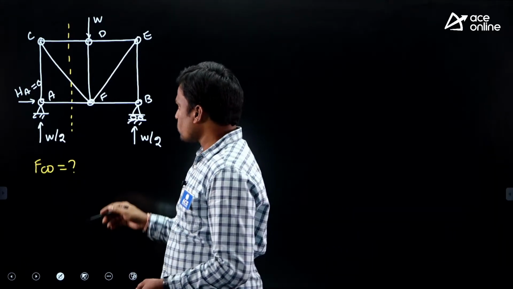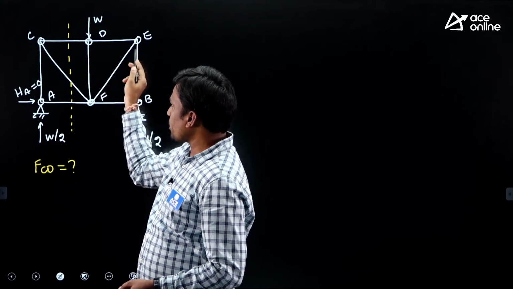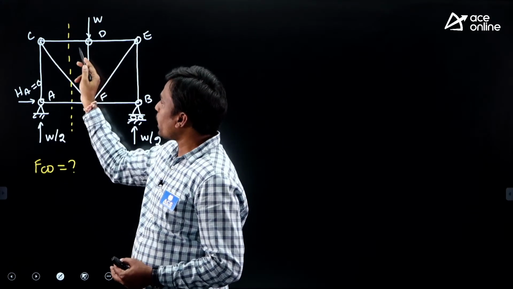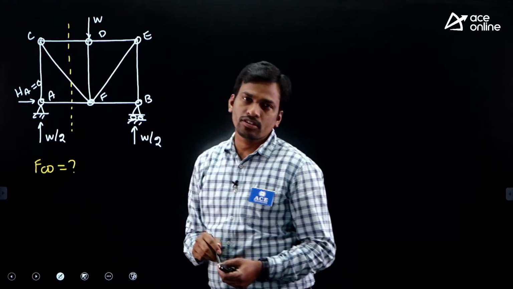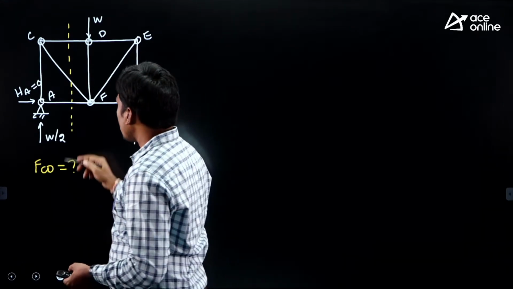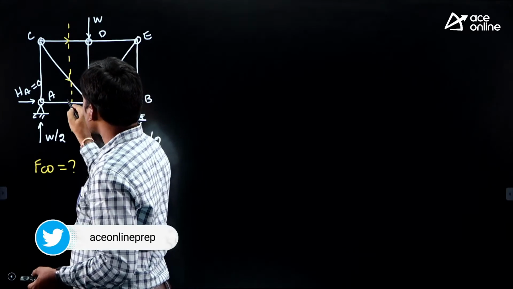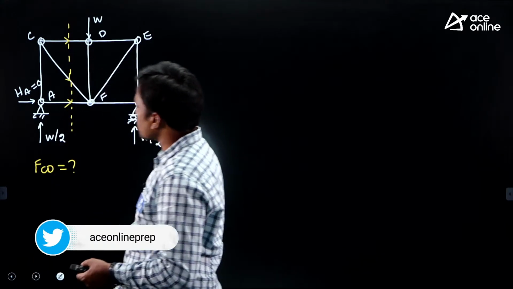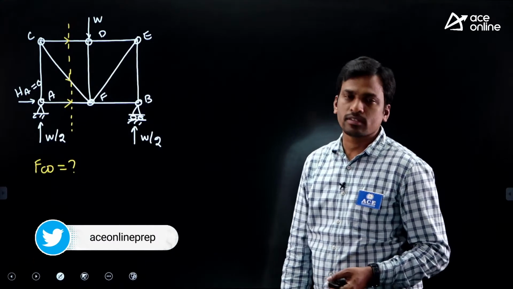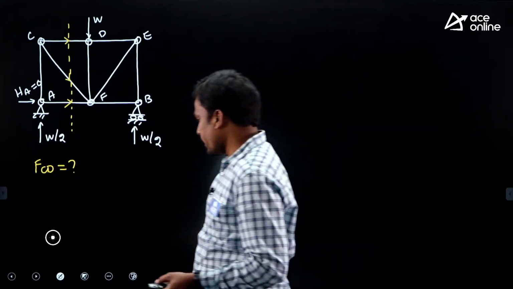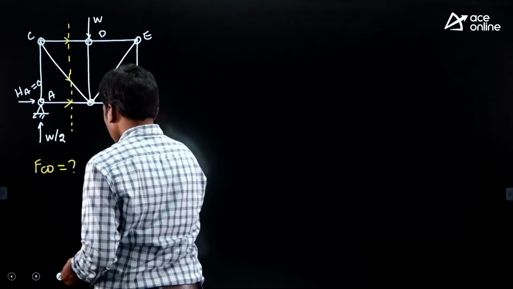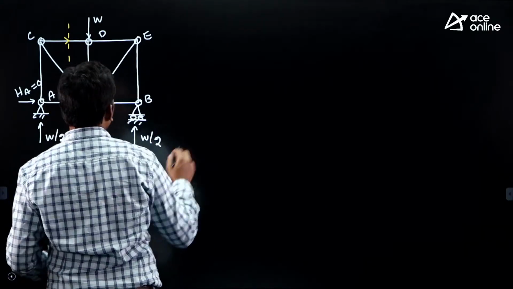Okay, right. So there is a load in the right part of the structure, so better do analysis for the left part of the structure. Again, only for left part cut members, initially assume tensile forces. Okay, right. Now again, draw the free body diagram of the left part of the structure.